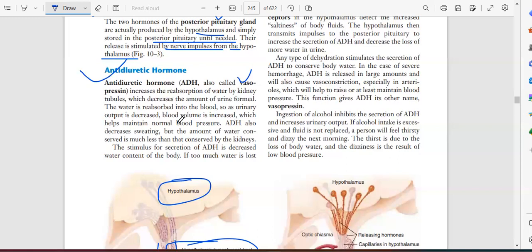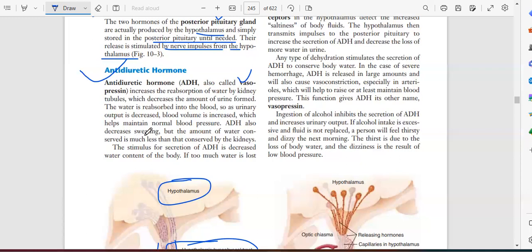So the work of ADH is to reabsorb water and whatever necessary things are present in it after the filtration processes of the kidney happen.